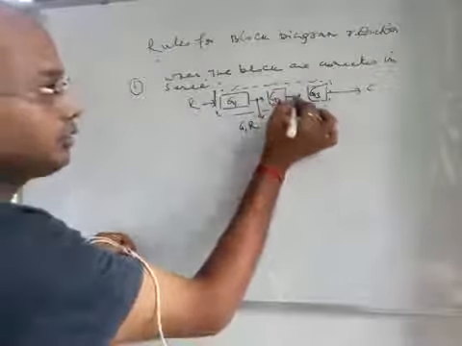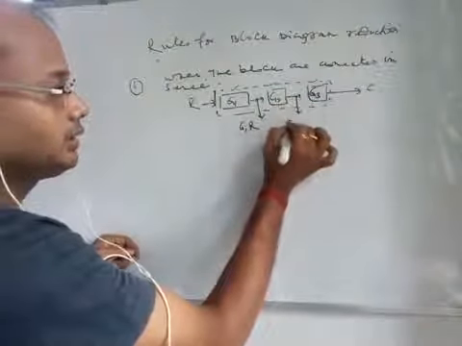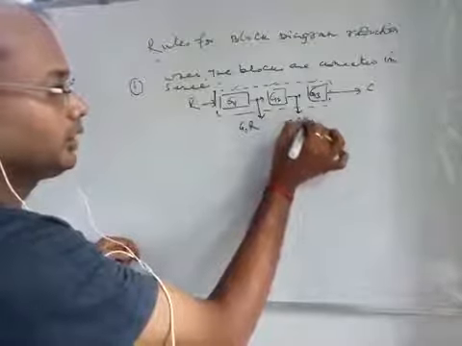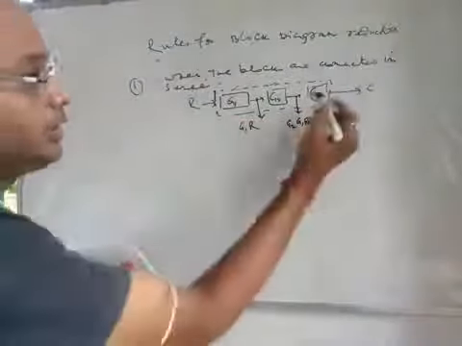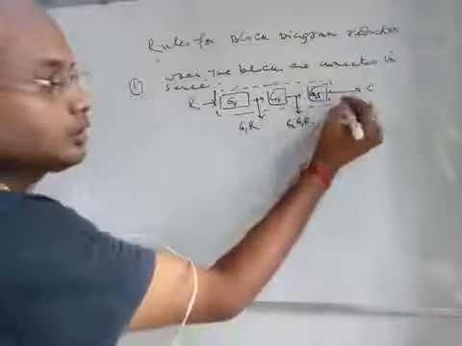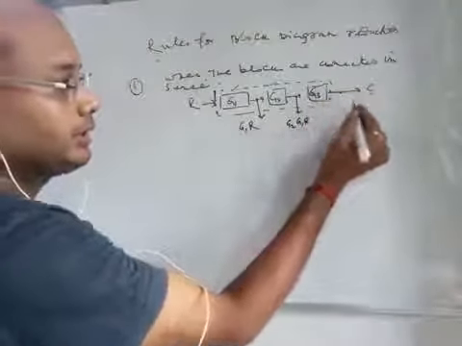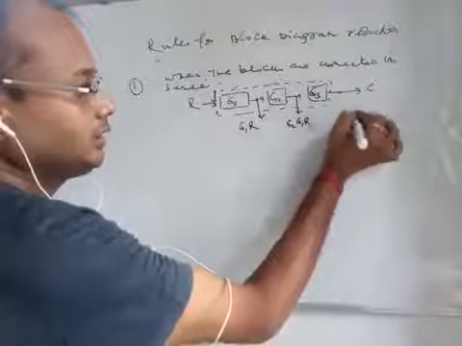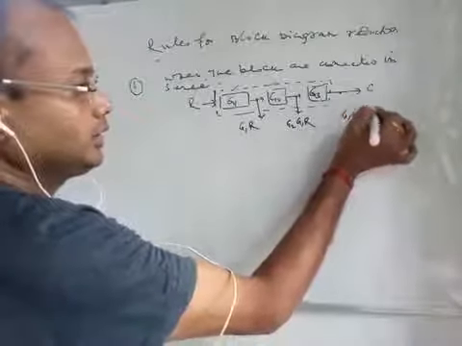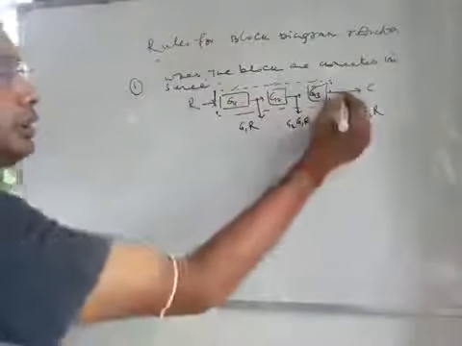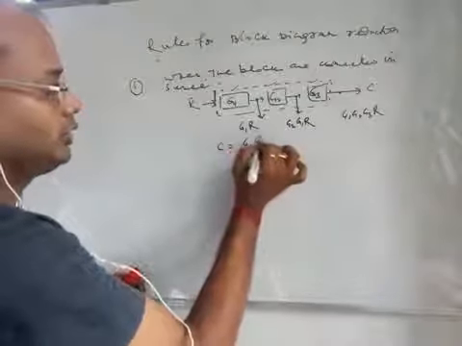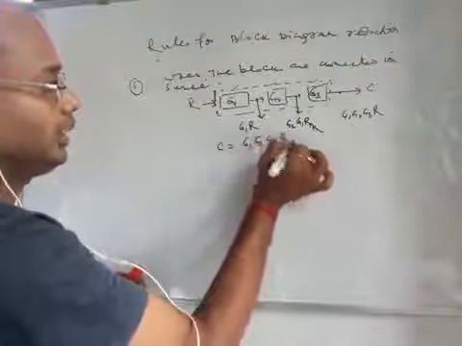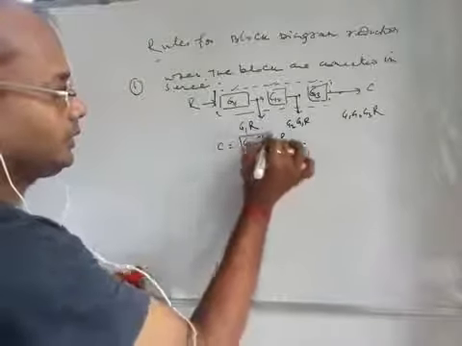So we get G2 G1 R. Now this will be the input to block G3, so we get C equal to G1 G2 G3 R.